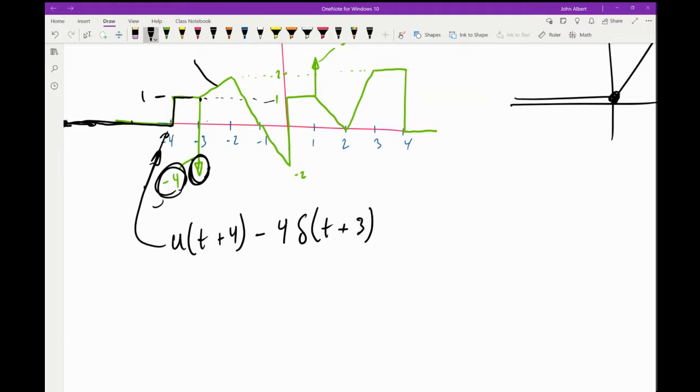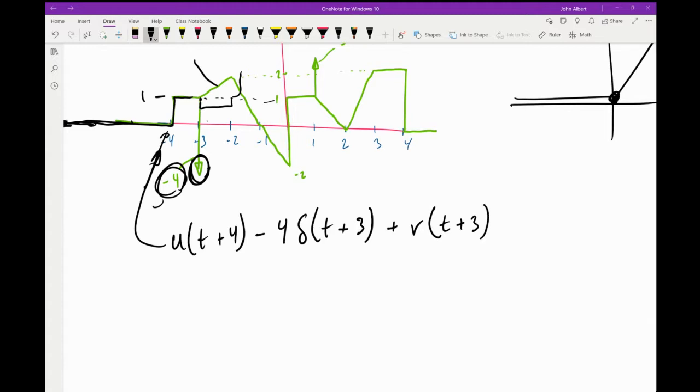Absolutely. You can probably find it more easily: in 1 unit here, I went up by 1 unit. So what should the slope be? A positive 1. So do I have to add a step function here or what? Ramp function, exactly. I have to add a ramp: r of t plus 3.